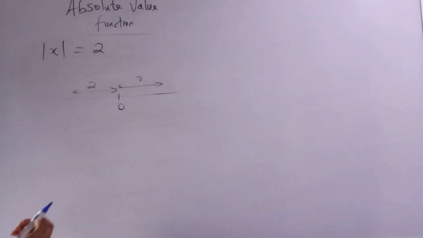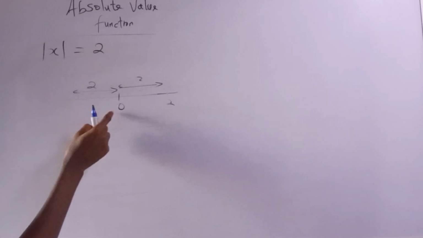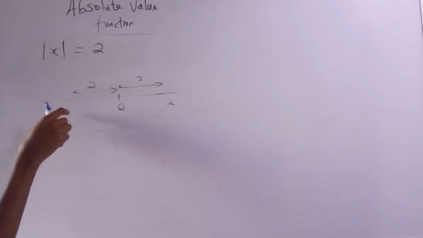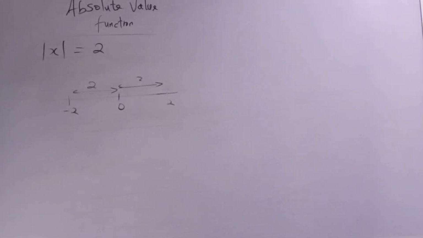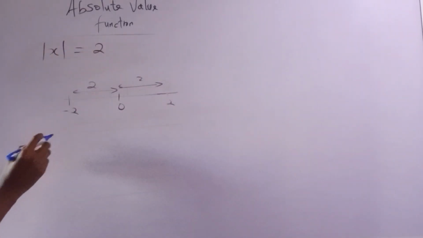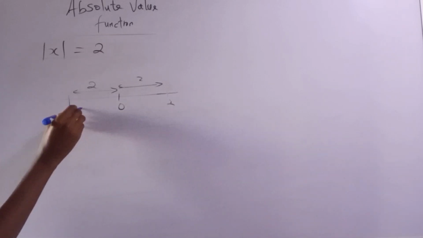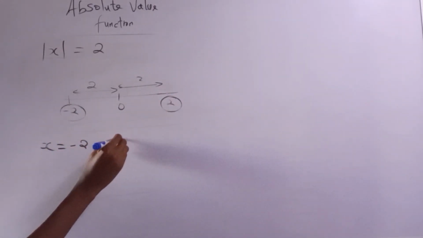So the number that has a distance of 2 away from 0 is 2, and another number that has a distance of 2 away from 0 is negative 2. So the absolute value of x equals 2 means that x takes two values, either negative 2 or 2.